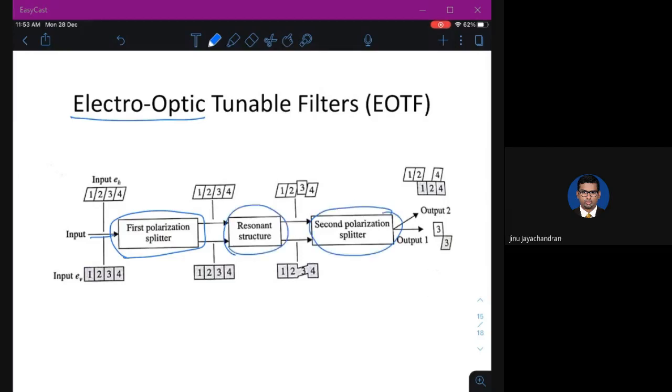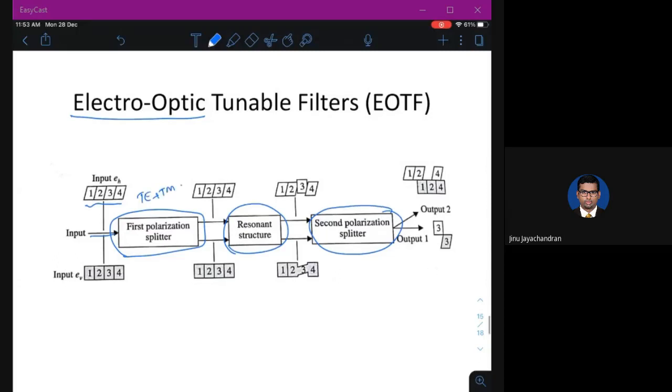This 1, 2, 3, 4 represents the different wavelengths. The polarization splitter will split the polarization of the input wave. For example, the input might be a transverse electric and transverse magnetic wave, and the polarization splitter will split it into the transverse electric and transverse magnetic waves.